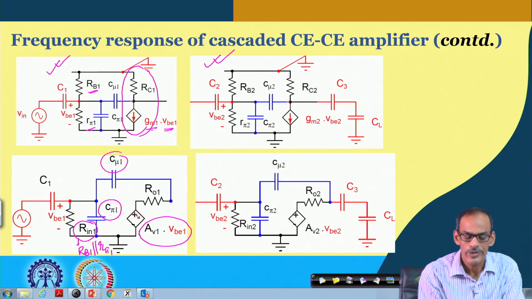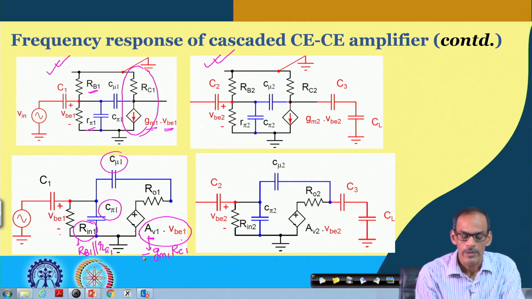The voltage here is AV1 multiplied by VB1, and as you know, AV1 will be gm1 multiplied by RC1 with a minus sign. So, that is the AV1 part.